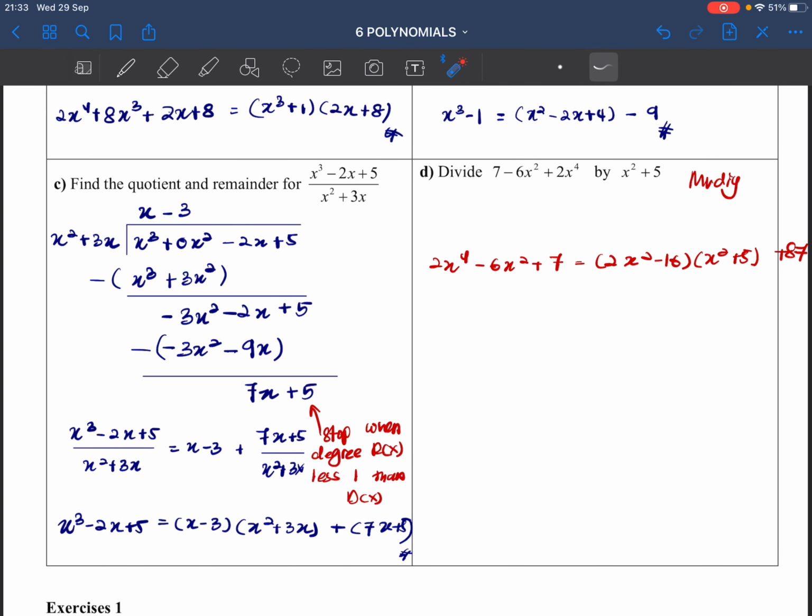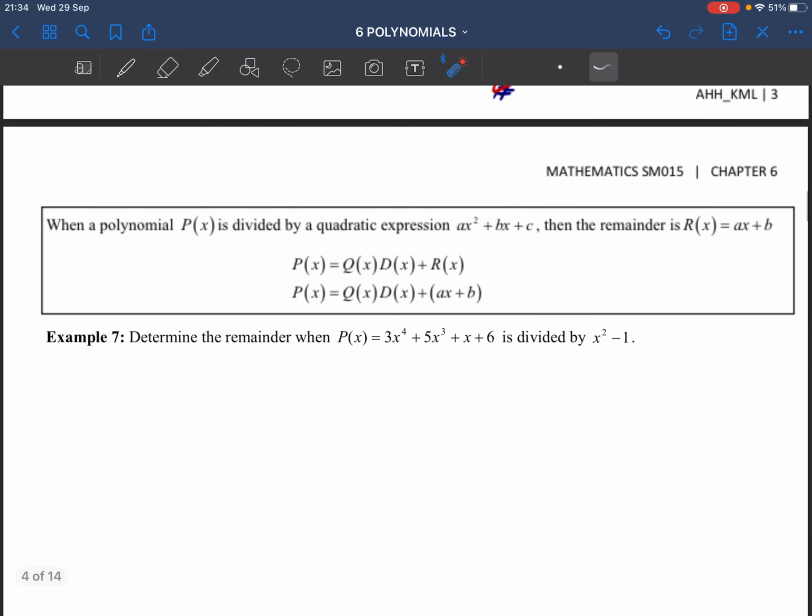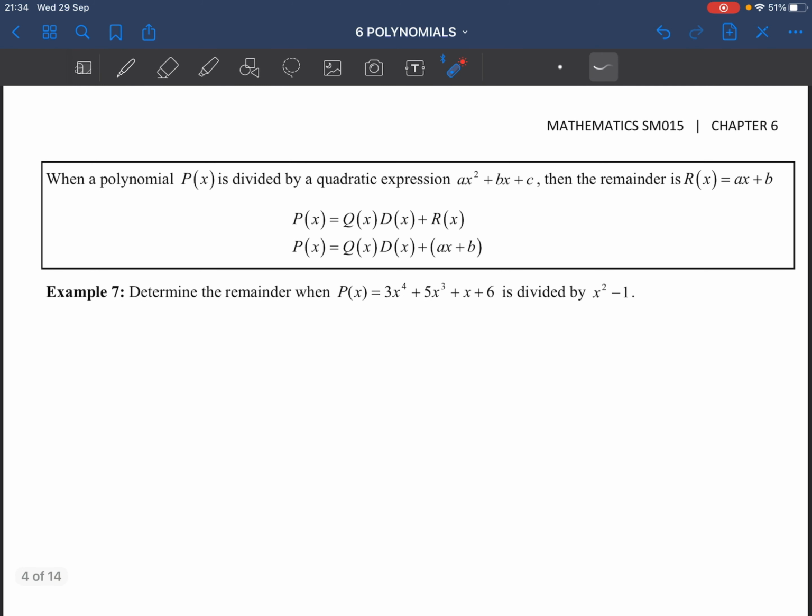Okay, back to the previous video, as I said, when you do your long division, when are you going to stop? When the degree of your remainder is 1 less than our divisor. Okay, that means this is your remainder. If your divisor has degree 2, your remainder has degree 1. It must be 1 less than our divisor. That is why if you have a quadratic divisor, then your remainder should be ax plus b.